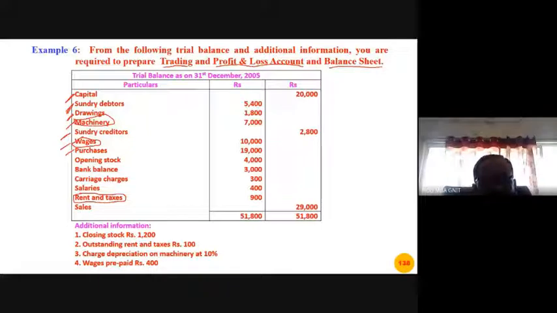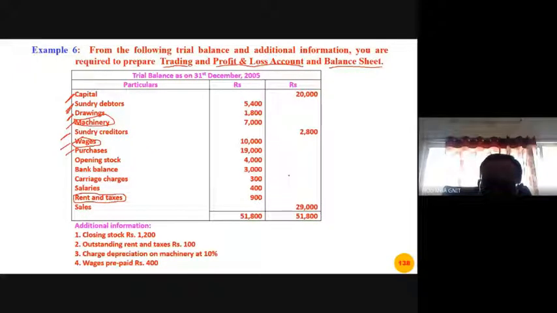Then purchases have to be shown in the inner column, then we deduct purchase returns, and the net purchases have to be shown in the outer column. But in this problem, since there are no purchase returns, only purchases have to be shown in the outer column. In the credit column there are only three items, capital, creditors, sales, so no purchase returns are given.